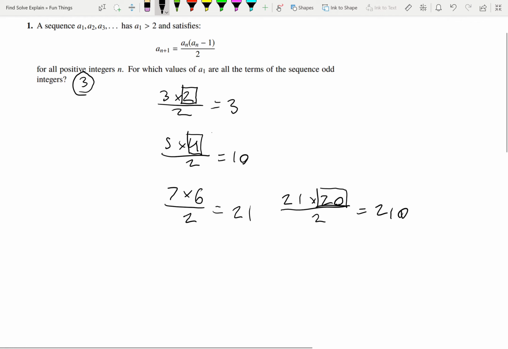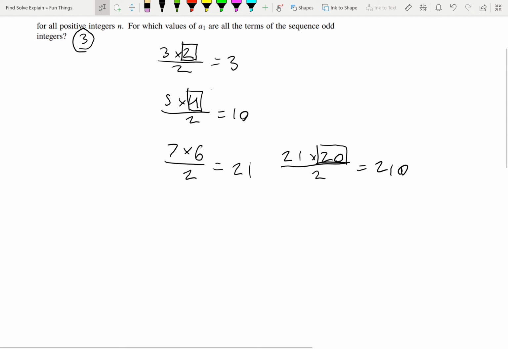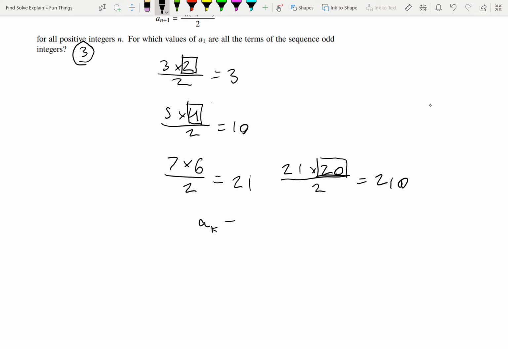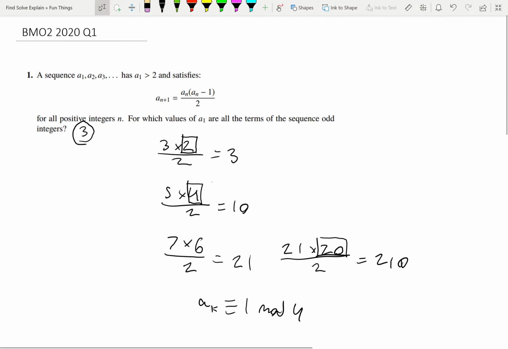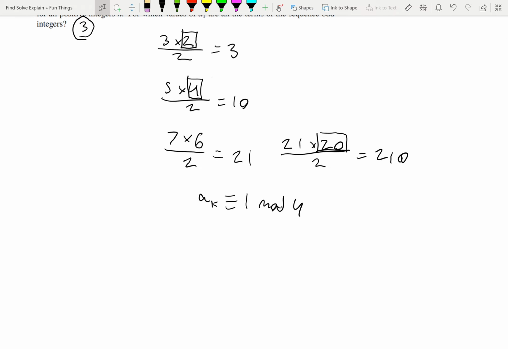If any of them are divisible by 4, the sequence will come to an end, and we will not have infinite odd integers. So, if this value is divisible by 4, that means that the next one, a_k, has to be congruent to 1 mod 4, where k is some value somewhere along the sequence where it breaks, or right before it breaks, rather.